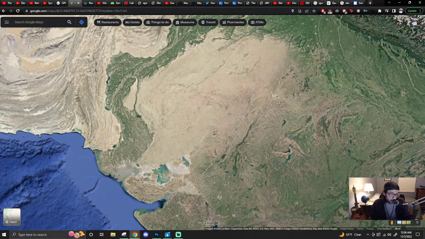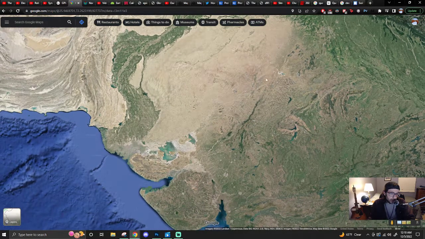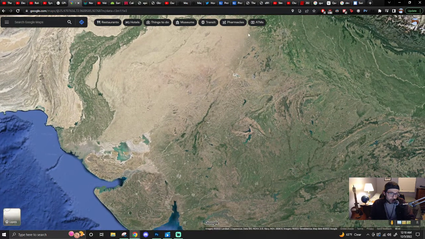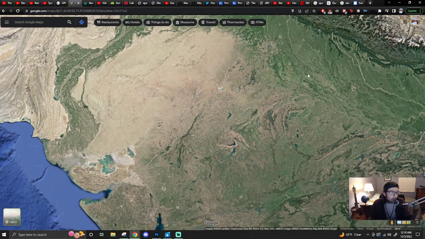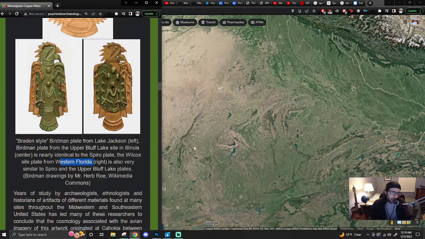Is the body that width here? And then over to like here, I guess. That's a big body relative to this.